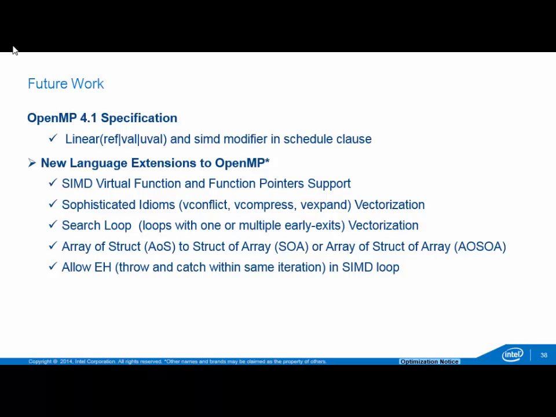The current SIMD construct doesn't have it; we require that everything be safe, with no cross-lane operations, right? So we probably need to add one more clause to the SIMD construct, say we allow conflict, then let the compiler use the V-conflict instruction to deal with the cross-lane communication. That's exactly the future extension we can add to the OpenMP construct, and that's actually the direction we are working on.